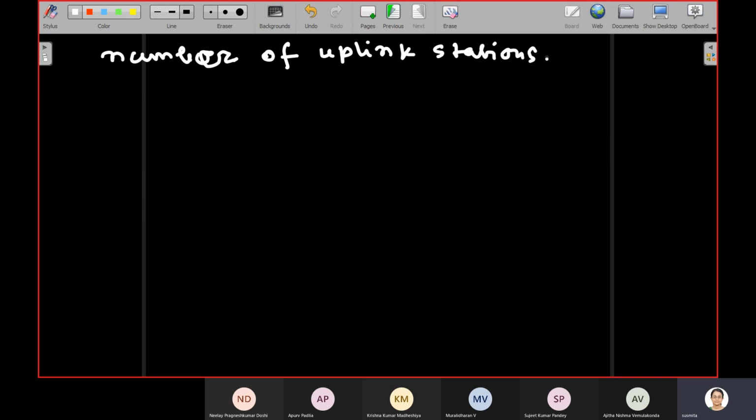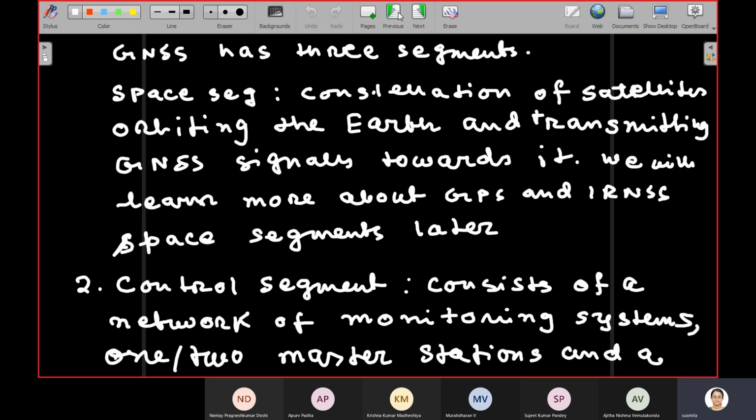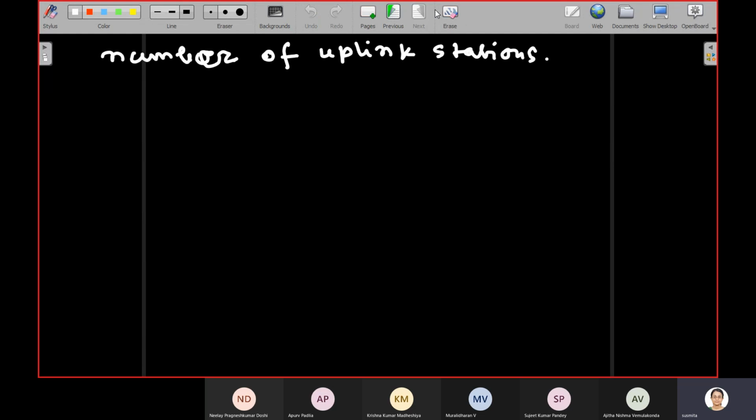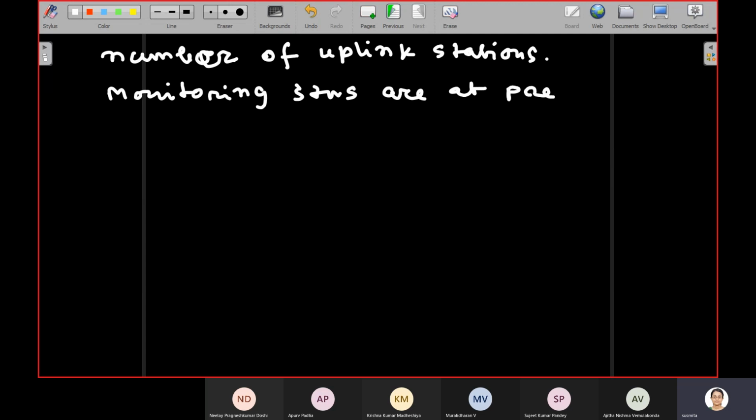Okay, monitoring stations are located at precisely surveyed locations. Now depending on the systems, the stations can be spread globally or they can be spread over a particular geographic area.